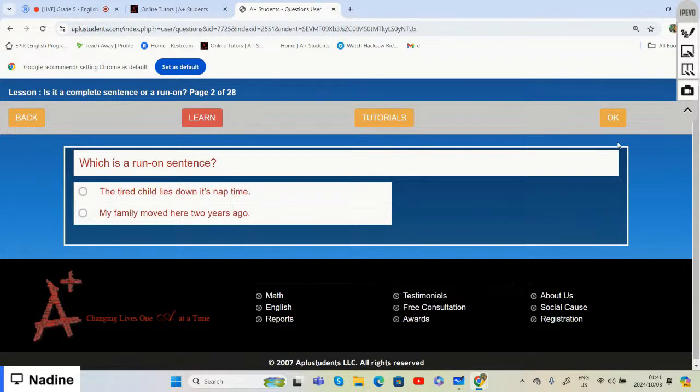All right. The next one says, which is a run on sentence? Remember, it is two sentences in one. Is it option one, the tired child lies down. It's nap time. Or option two, my family moved here 2 years ago.